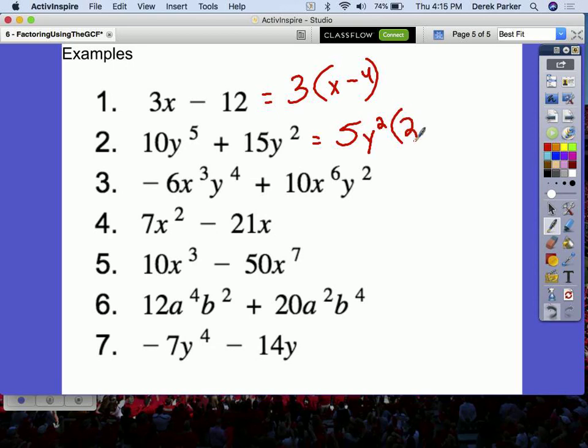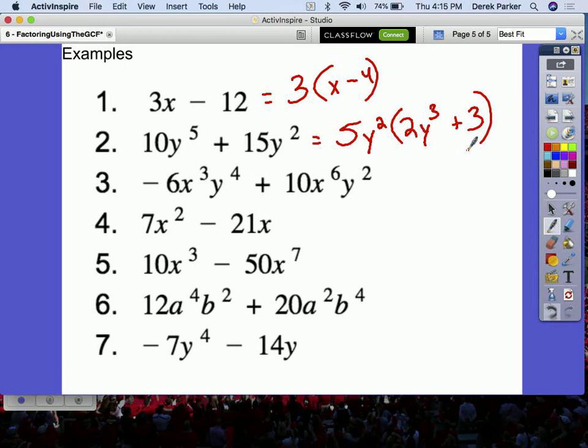When I divide y squared into y to the fifth power, remember it's just subtraction, I get y to the third power. Plus 5 into 15, I get 3. And y squared divided by y squared cancels out. So my answer would be 5y squared, parentheses, 2y to the third power plus 3.